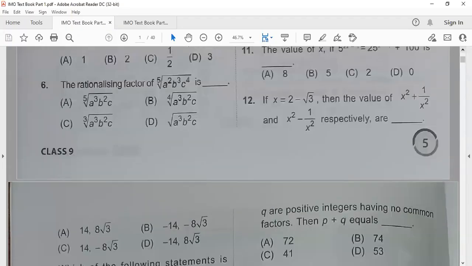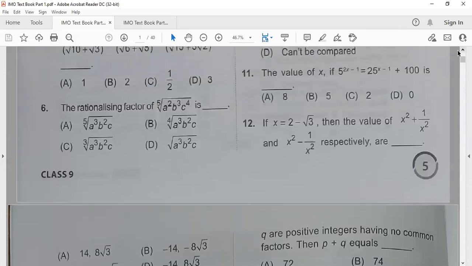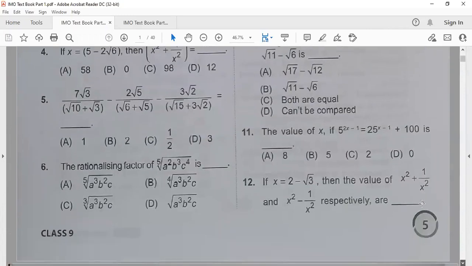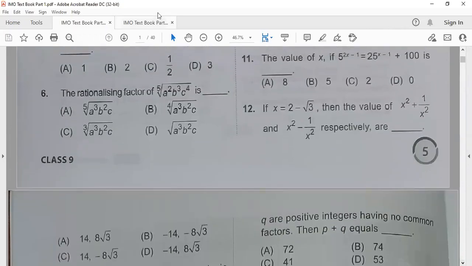Now class, we will start the next question. I think we have finished the 10th one. So let us do question number 11. The value of x: we will check this from the options. Let us take 0 or 2, or you can start from any one, but which one is the most appropriate? I'm taking 0 or 2 because from here I think the answers will come.